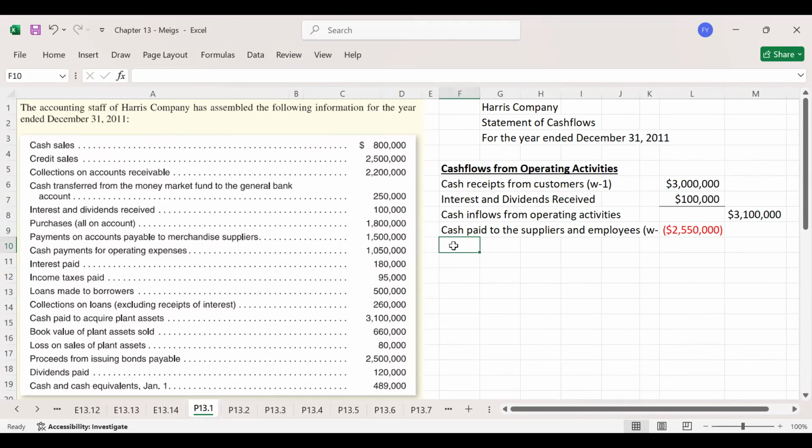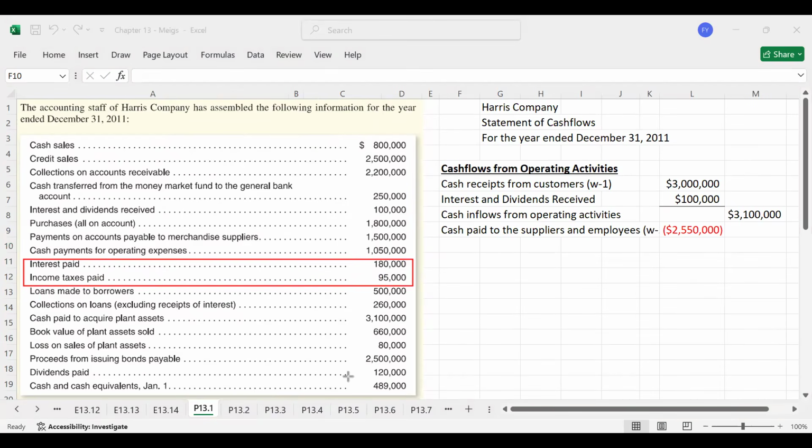Then we also paid interest and taxes, cash paid for interest and income tax paid. These are part of operating activities. Interest paid can also be represented in financing activities, but I am representing it here in operating activities as I mentioned that I am following US GAAP.